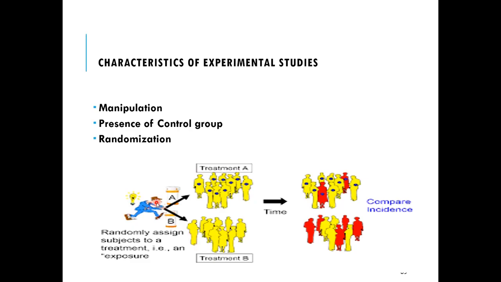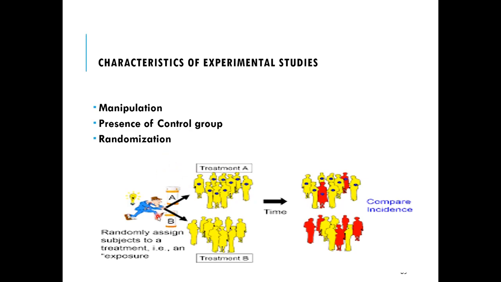And if the researcher divides the two groups on the basis of computer generated tables, it is known as randomization. If the researcher has divided them into two groups by lottery method or other methods of randomization, it is known as a randomized control trial.